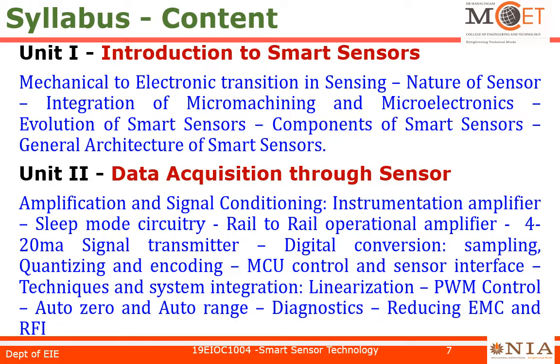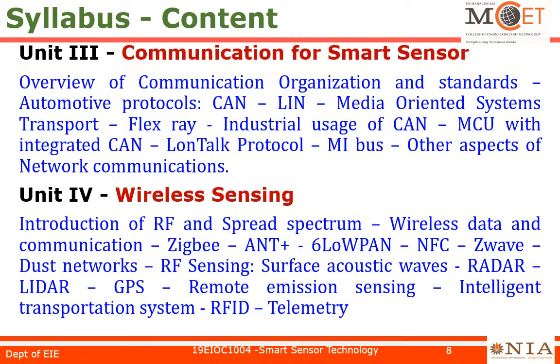And unit 3 is communication for smart sensors. That is very, very important. Sending data from one device to another requires communication. It is wired communication. There are different types of protocols incorporated, and we are going to learn them in this unit.